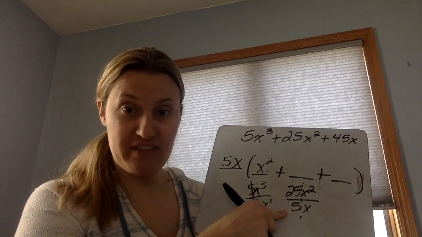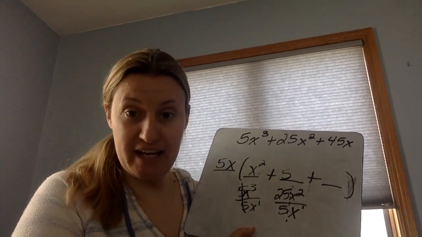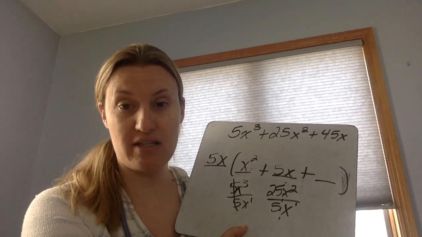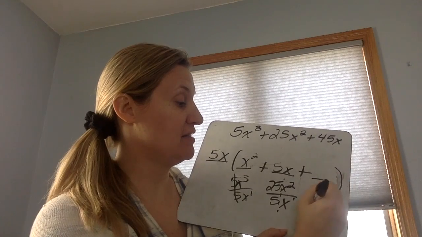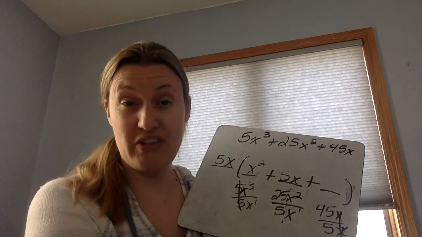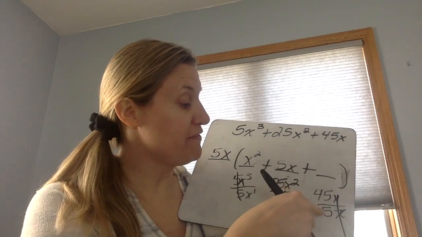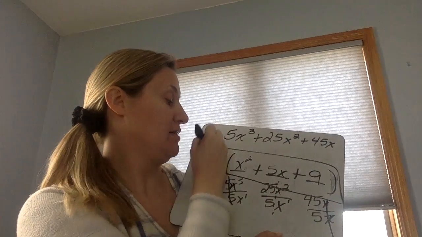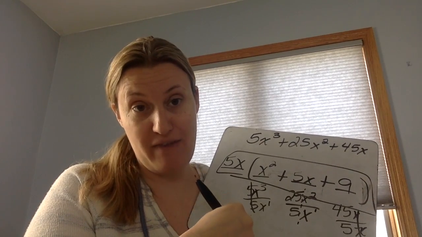Numbers, 25 divided by 5 is 5. That's technically x to the first, so keep the base, subtract the exponents. That's 5x. Okay, here I have 45x divided by 5x. The x's will cancel because they're the exact same thing. They're both x to the first. 45 divided by 5 is 9. And so that is your final answer on factoring by pulling out the greatest common factor.